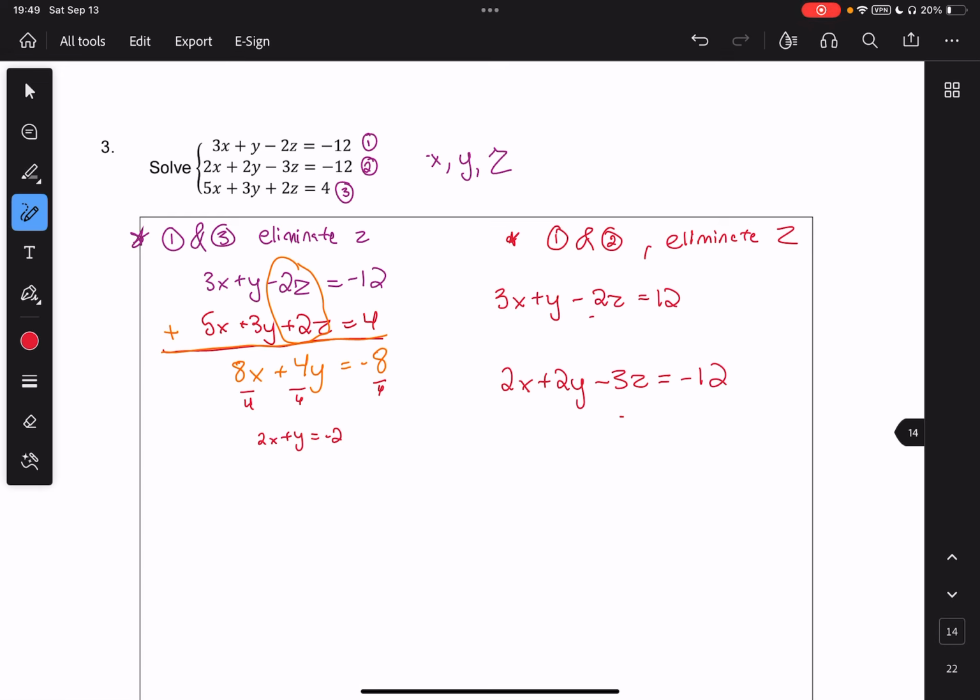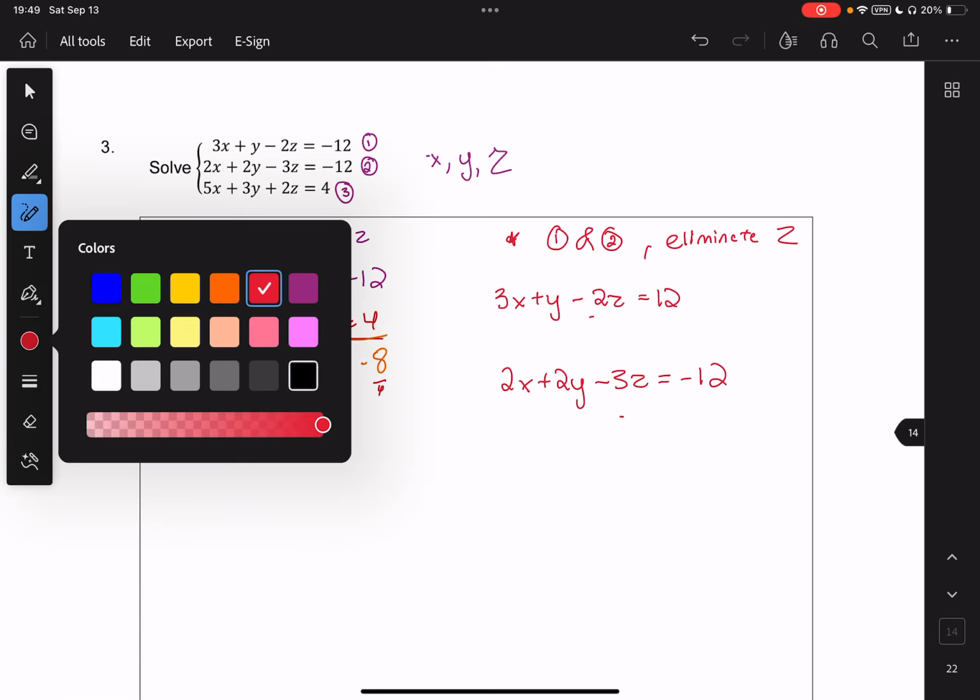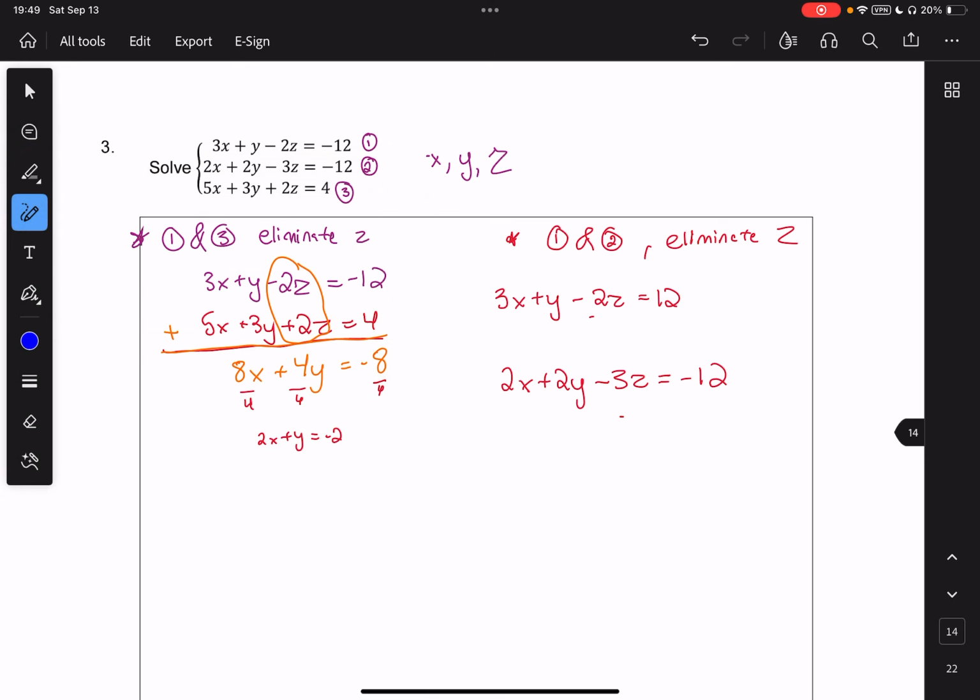This one's 2 and this one's 3. So what we have to do is multiply the whole equation by something. We're going to multiply this whole first equation by 3 because that's the coefficient in front of this z, and then multiply the second equation by 2 because that's the coefficient in front of this z.